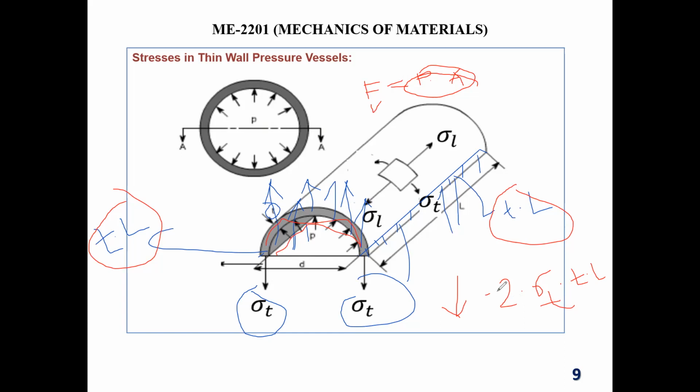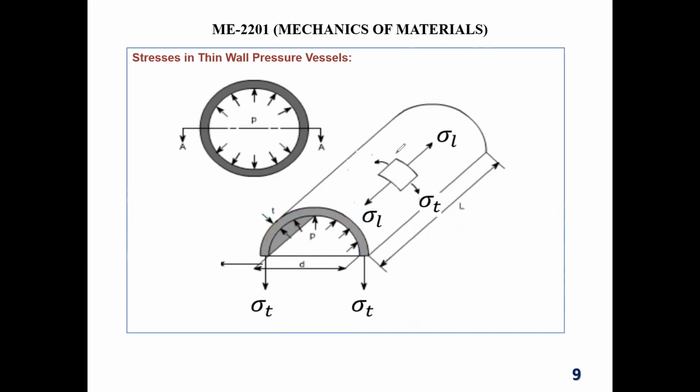And the force working in the downward direction, I can say FD. Then you can say FU equal to FD. But you need to figure out this force, P into area. How can we figure out this amount? So that we will derive a formula.